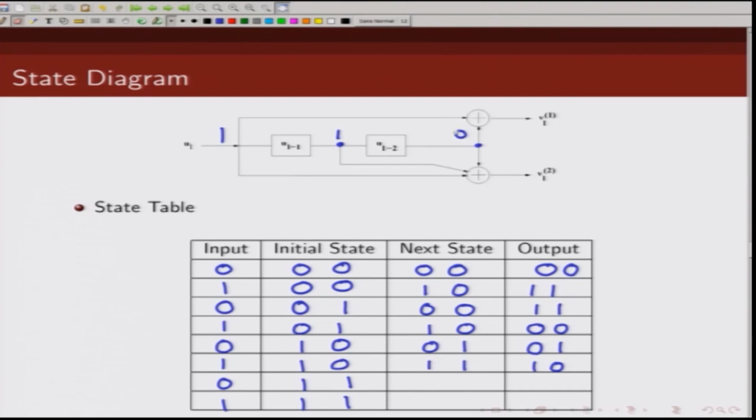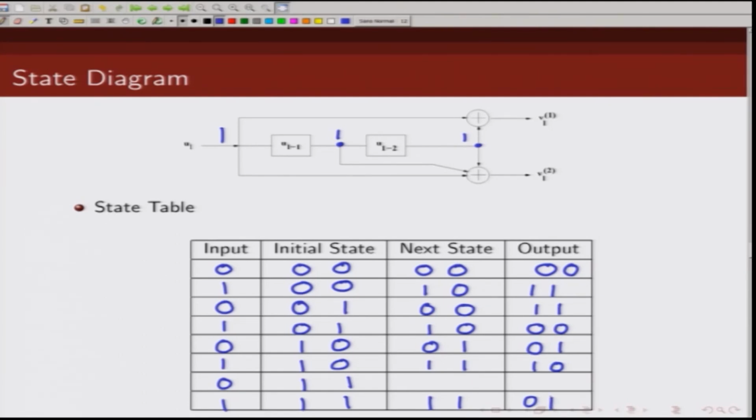And finally, if the state is 1 1, let us say if the input is 1, then the next state is 1 1, and the output will be 1 plus 1 is 0, and 1 plus 1 plus 1 is 1.